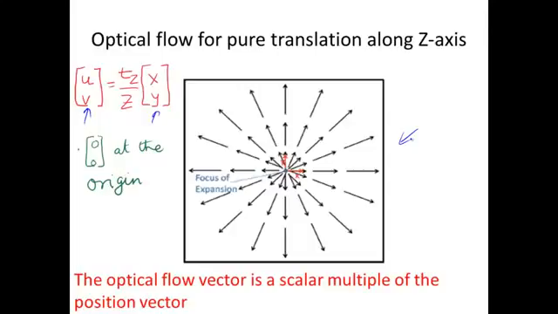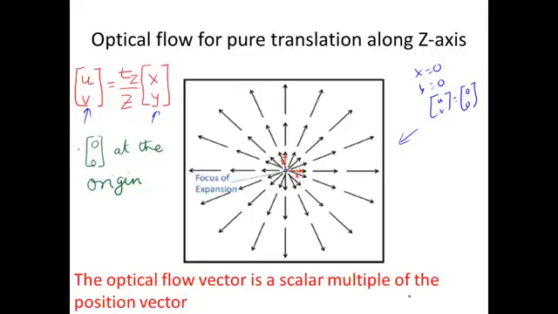So first of all, what happens when we are at the origin? At the origin, x equals 0, y equals 0. So the optical flow must be 0. (u, v) must be (0, 0) at the origin. So that's shown here. This is the origin of the image plane, and at the origin what we should have is that the optical flow vectors are of length 0.